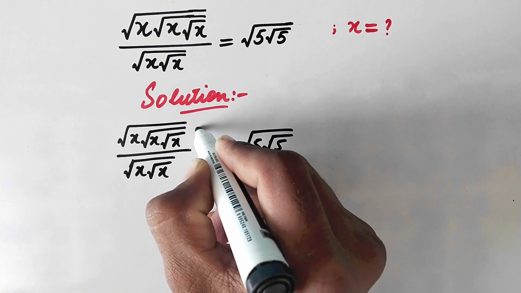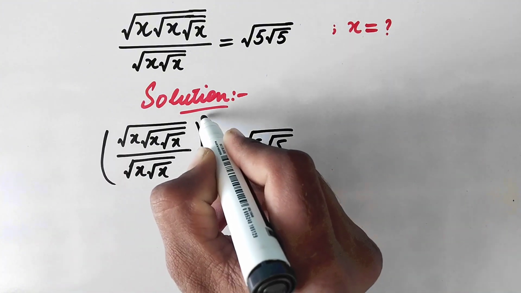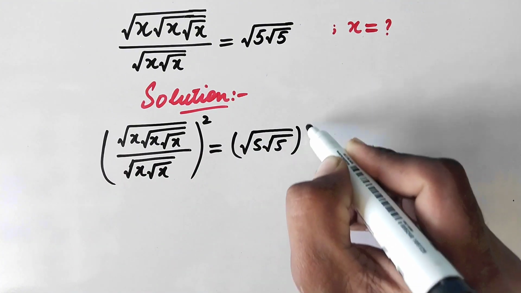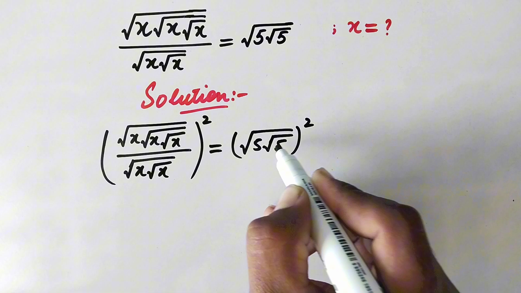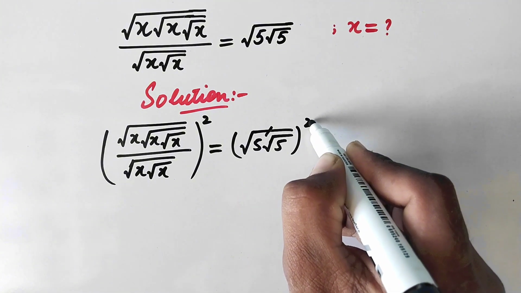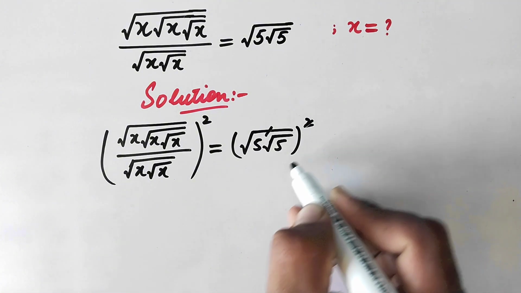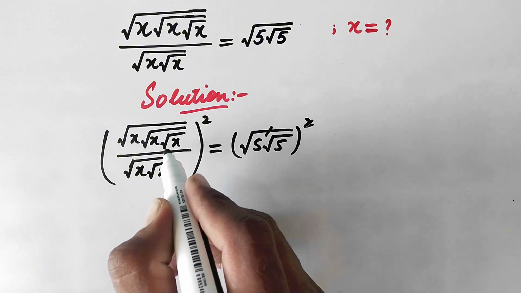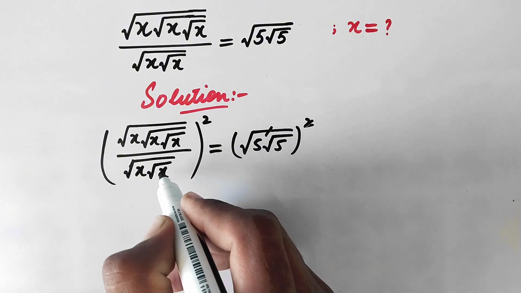And now here we will take square on both sides. So this square root will be cancelled by this square, and here we will take separate square on numerator and denominator.